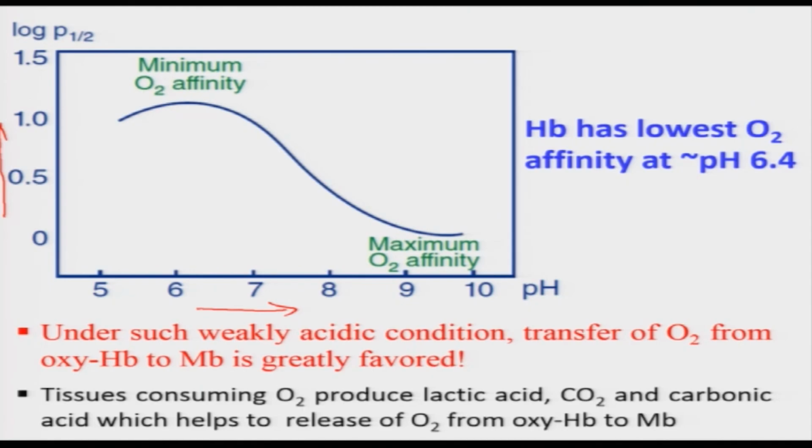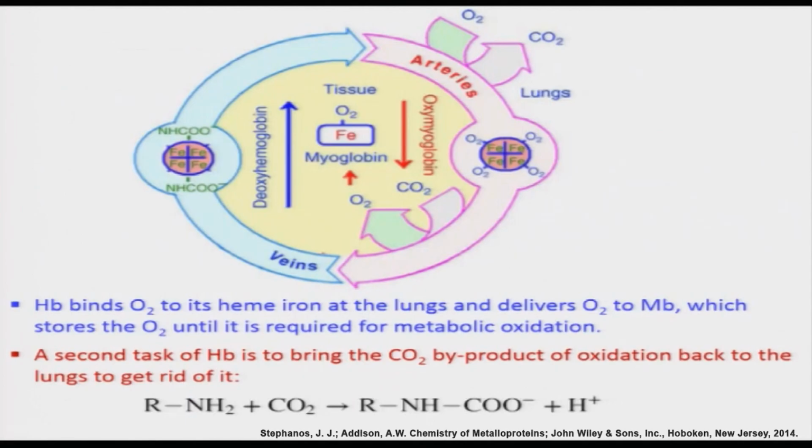Therefore, tissues which are consuming dioxygen produce lactic acid, carbon dioxide and carbonic acid, which helps to release dioxygen from oxyhemoglobin to myoglobin by lowering the pH of the medium.